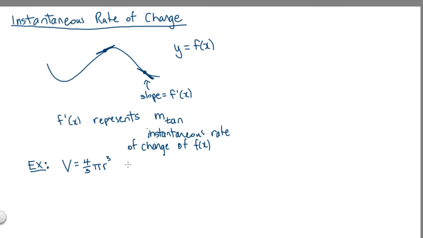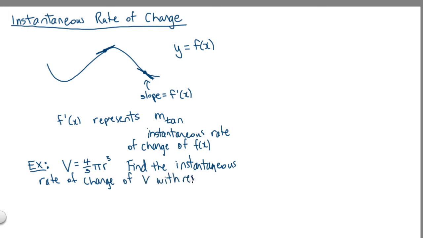Well, in this problem, we're going to find the instantaneous rate of change of our function V with respect to r. And let's do that at the moment when r is equal to 2 centimeters. That way we've got some units there.